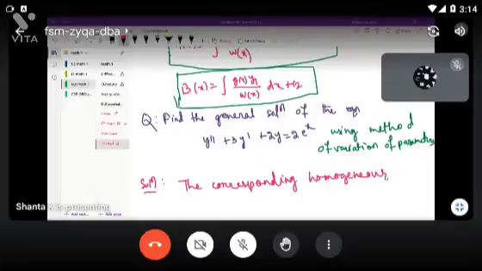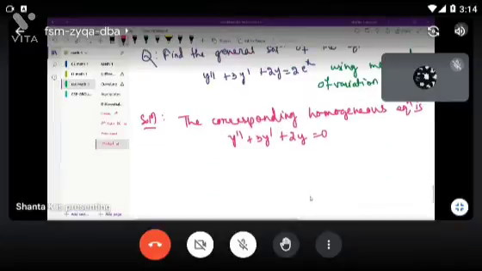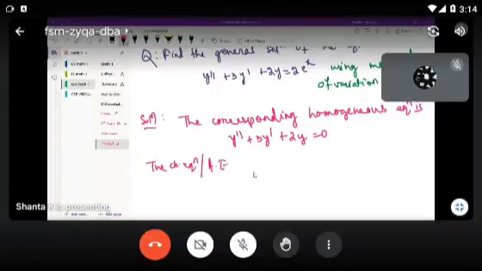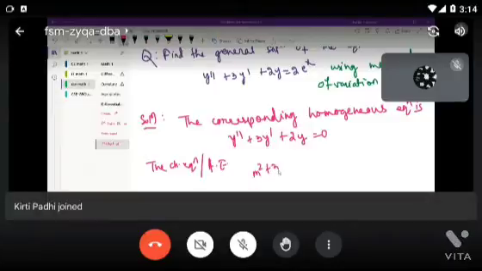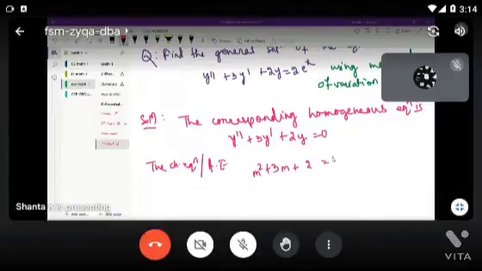So the corresponding homogeneous equation is y double dash plus 3y dash plus 2y equals 0. Now you find the characteristic equation or the auxiliary equation. Both you can say, characteristic equation or auxiliary equation. So it will be m square plus 3m plus 2 equals 0. Now what are the roots of this equation?